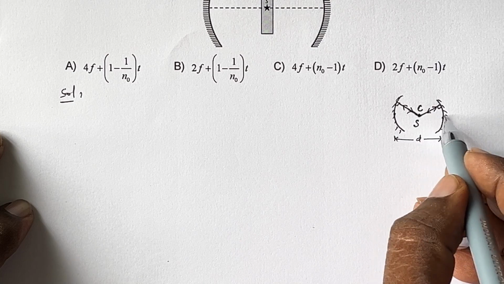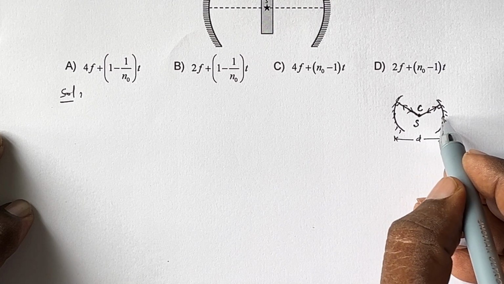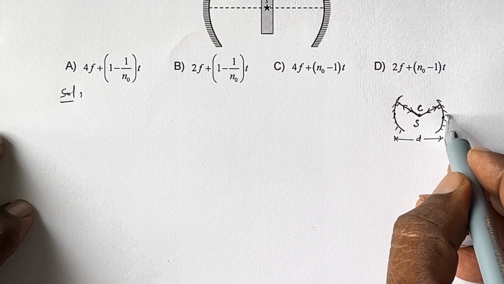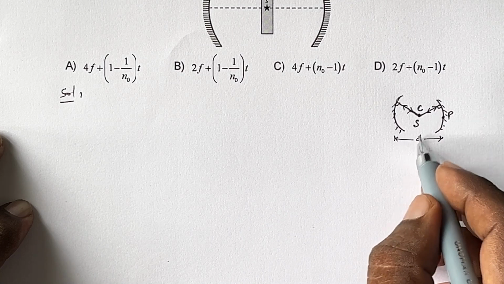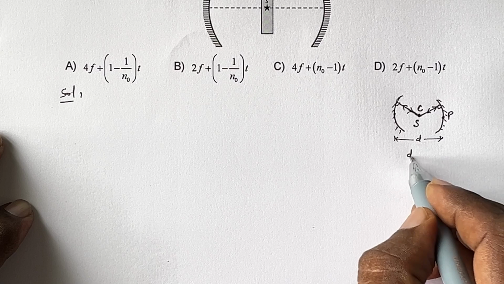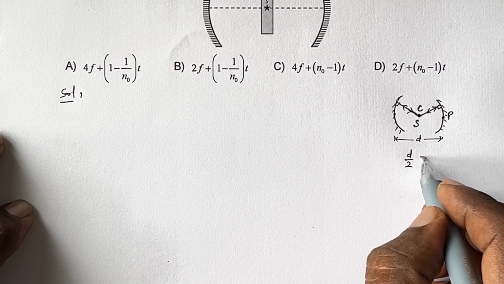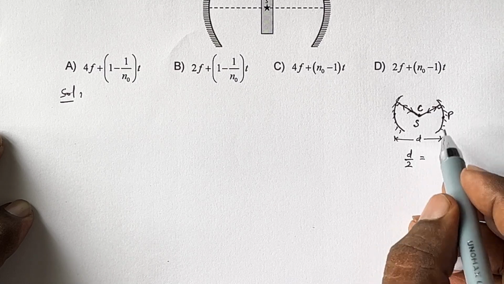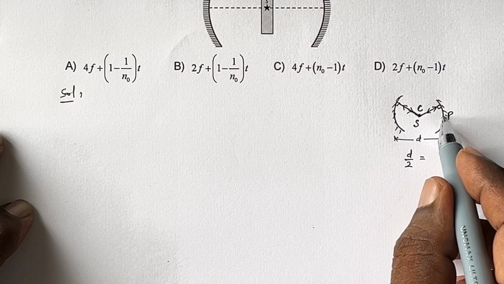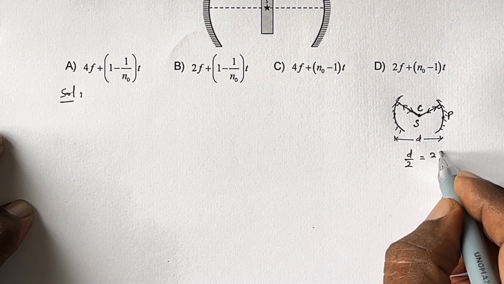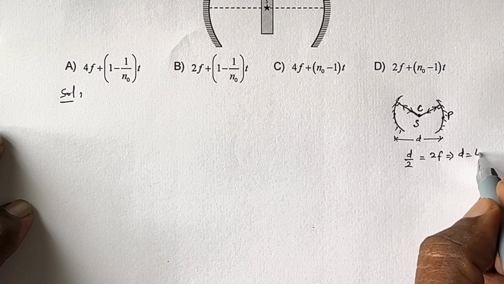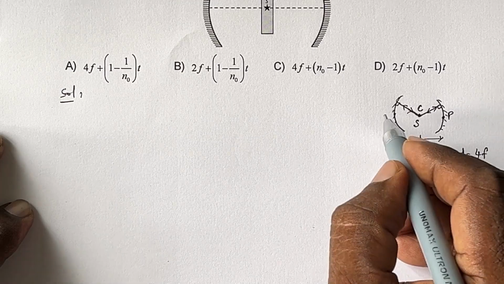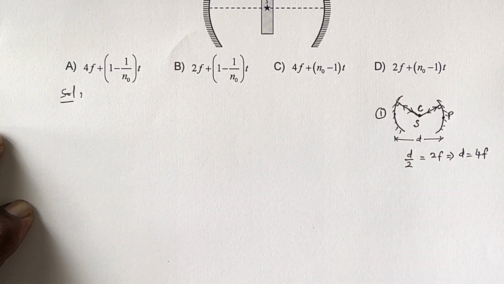The center of curvature distance from the pole P of the mirror is 2f, and this is half of d, so d by 2 is equal to 2f. So d must be 4f. This is one possibility we know.